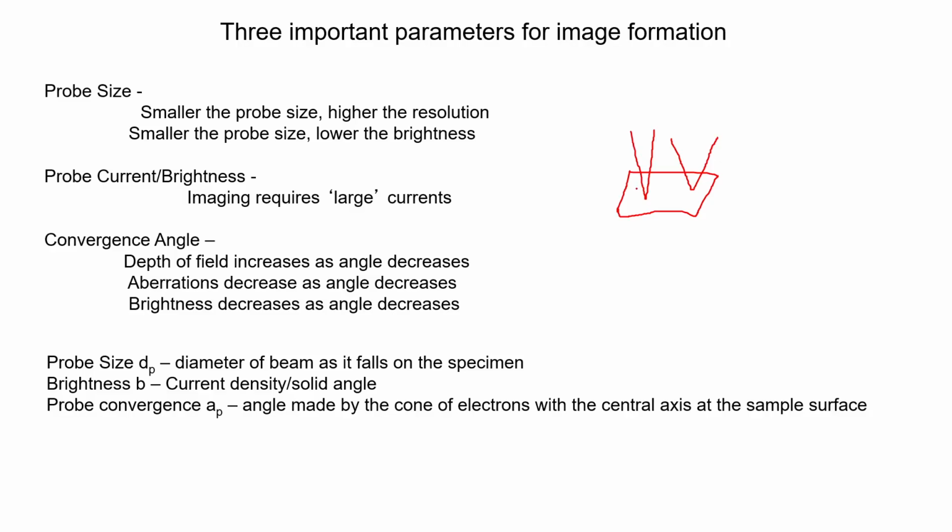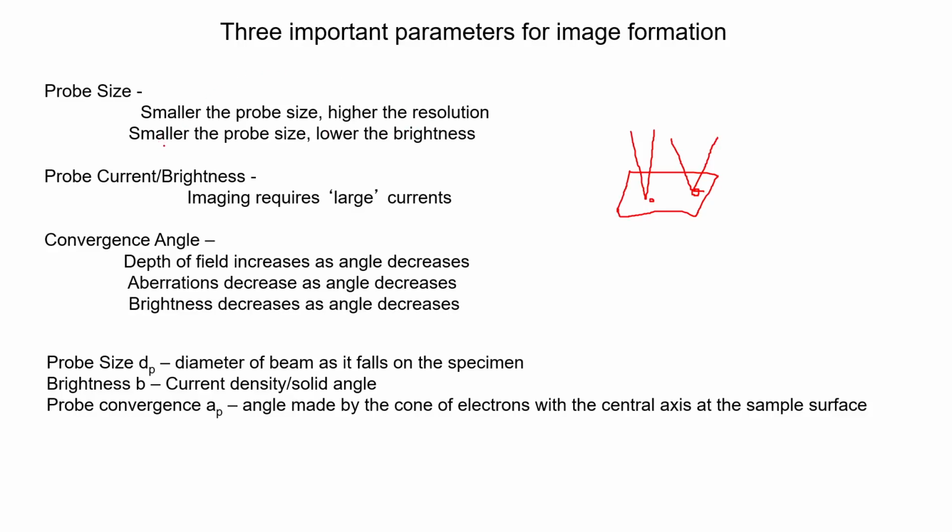So this A1, first one, has a smaller probe size. The smaller the probe size, the higher will be the resolution, because this probe will detect the another feature which is present over here, but this probe, which is very big in size, will not be able to detect this feature which is present here, because it will directly go to the next region. So the smaller the probe size, the higher will be the resolution.